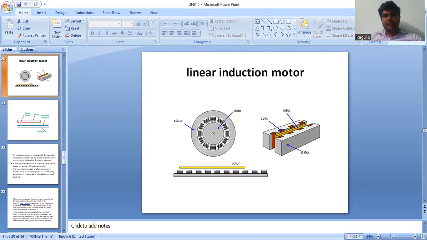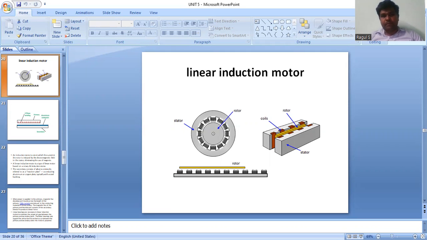In this case, the field movement is linear, so the conductor moves linearly. The imaginary process for these linear induction motors is cutting, rolling, and sometimes unrolling, relative to the rotary counterpart.